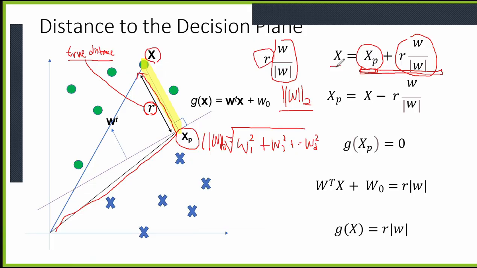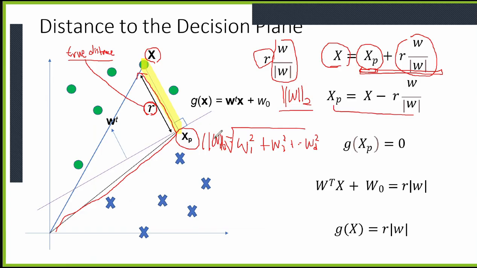We can represent the data x as the vector addition of xp plus this displacement, which is equivalent to xp equals x minus displacement. And yes, if anything is unclear, please stop me.